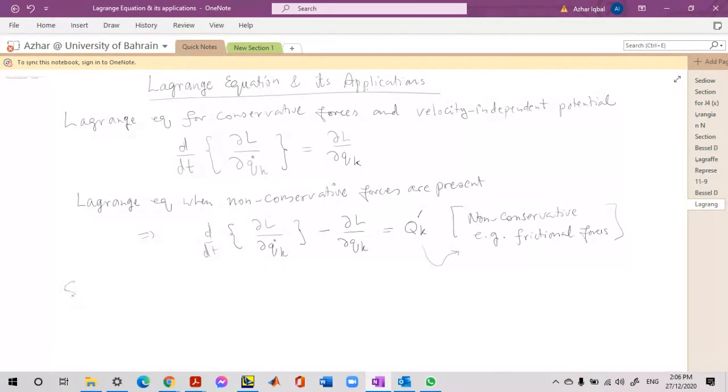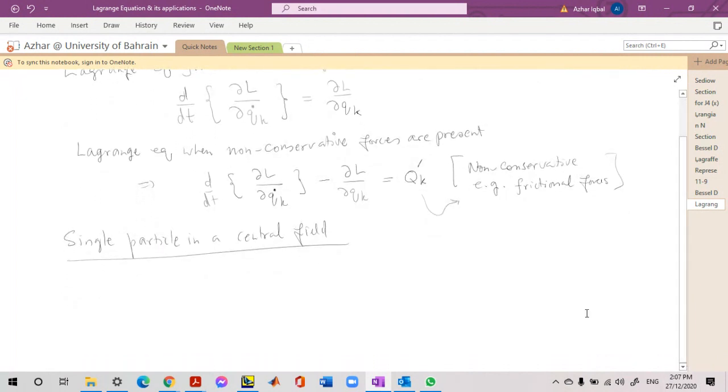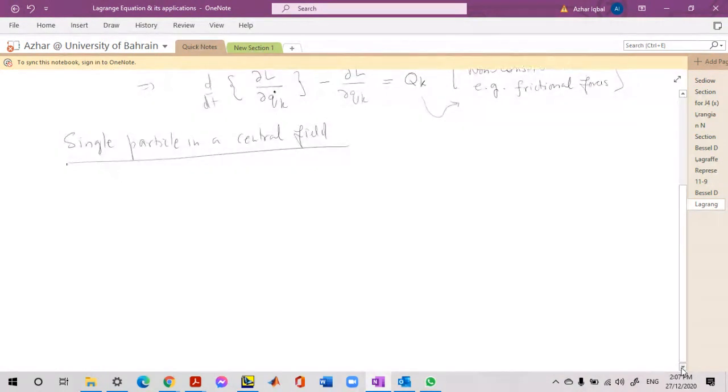Okay, now I'm going to look at what we started to look at in the last lecture but didn't finish, and this was the single particle in a central field, and apply Lagrange equation to that. This is a situation we have considered with reference to Kepler's laws of planetary motion.